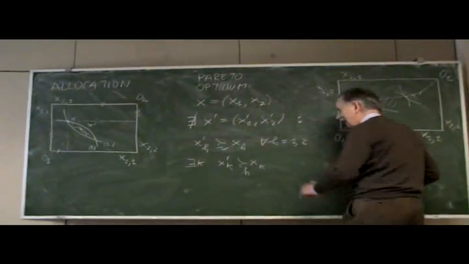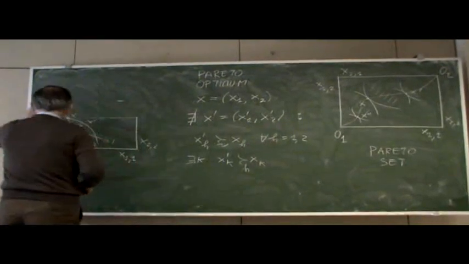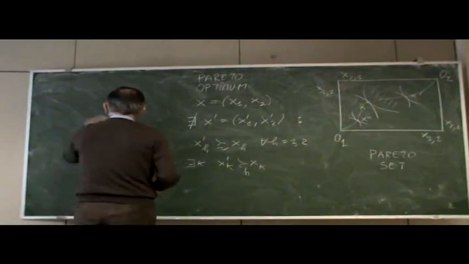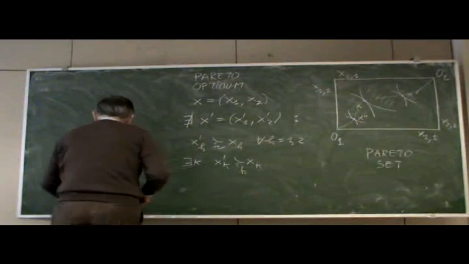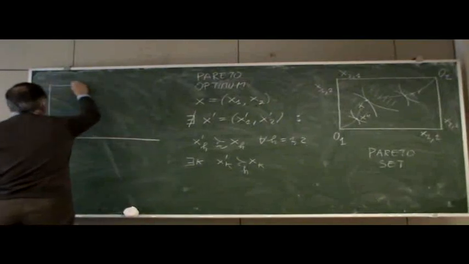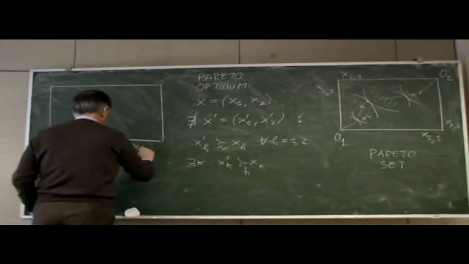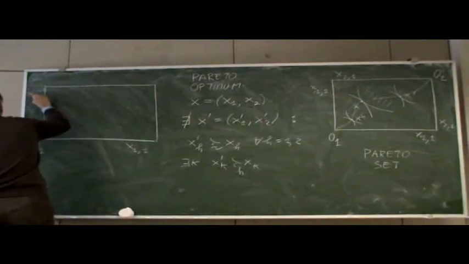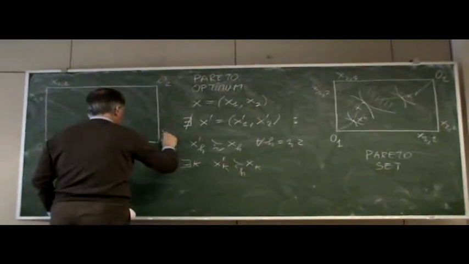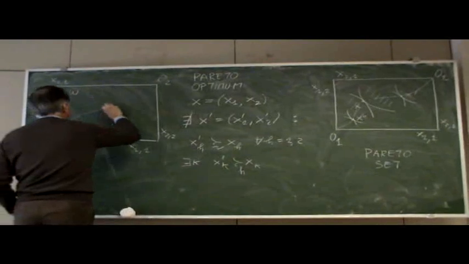But now, let us return to our pure exchange economy, and let us introduce the initial endowment, the point which represents the individual initial endowments. Here. This is the Pareto set.